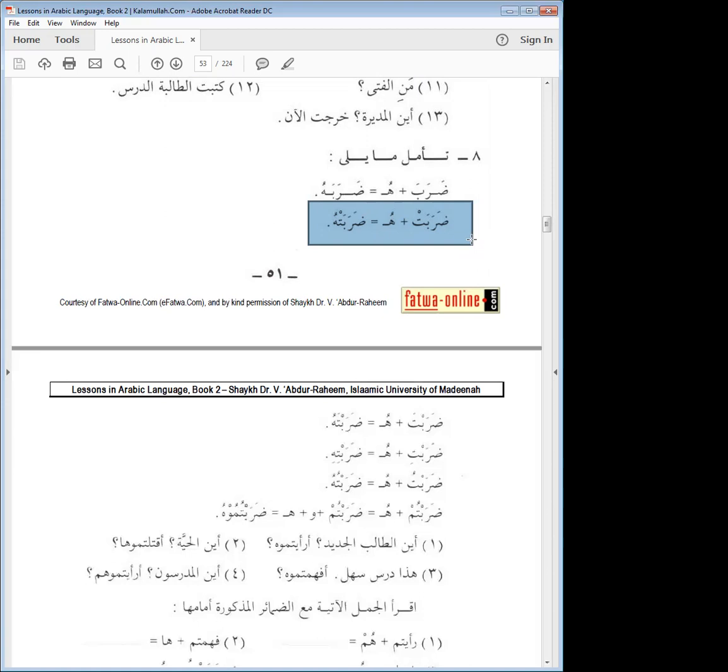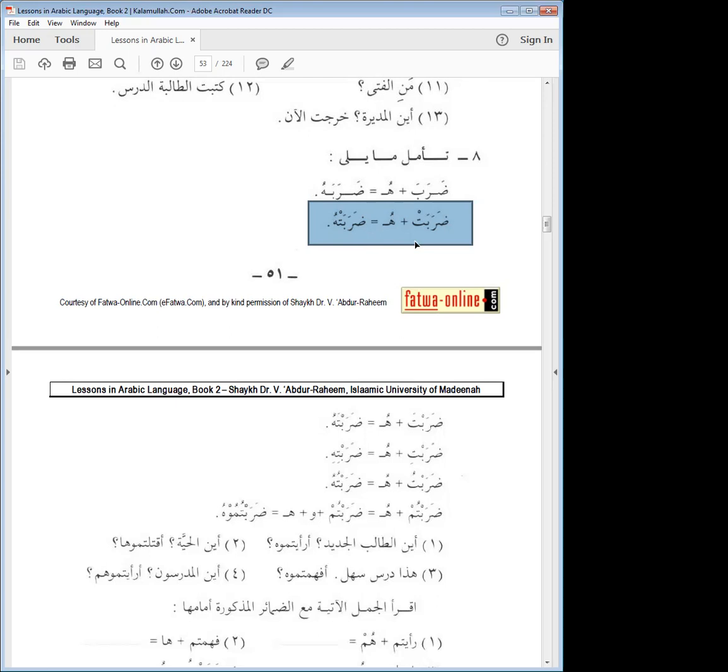She hit him, right? So when you bring that together, you see how we have it there after the equal sign? Darabat hu. She hit him, right? Again, darabat is third person feminine singular, she hit, right? But again, the pronoun for the fa'il or the doer of the verb is understood. It's what we call damir mustatir, right?